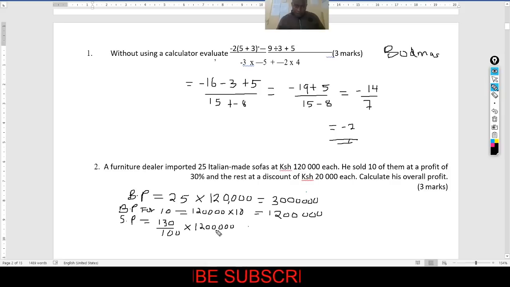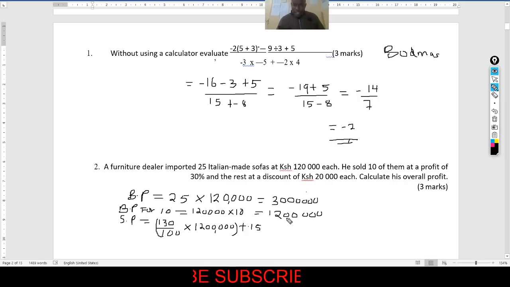Then whatever you get, plus the selling price of the rest, which were sold at a discount of 20,000. So the rest was 15 at a discount of 20,000.